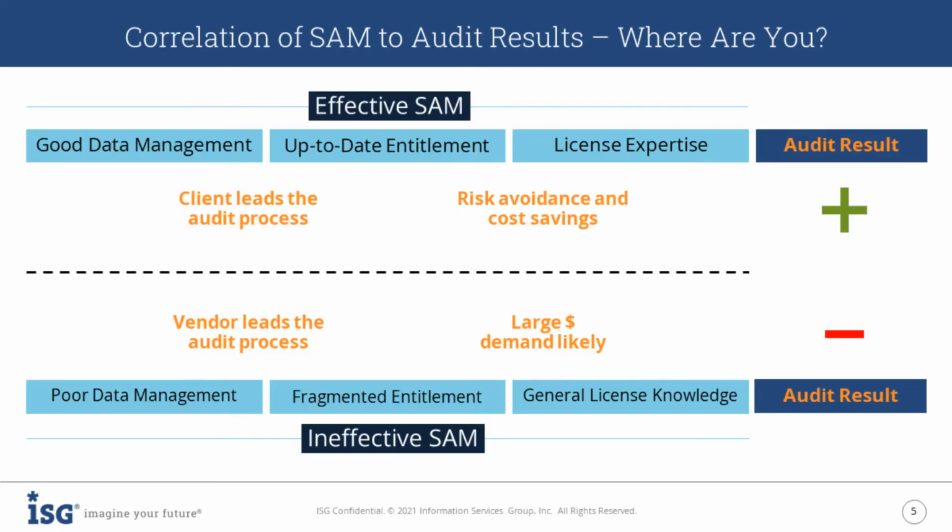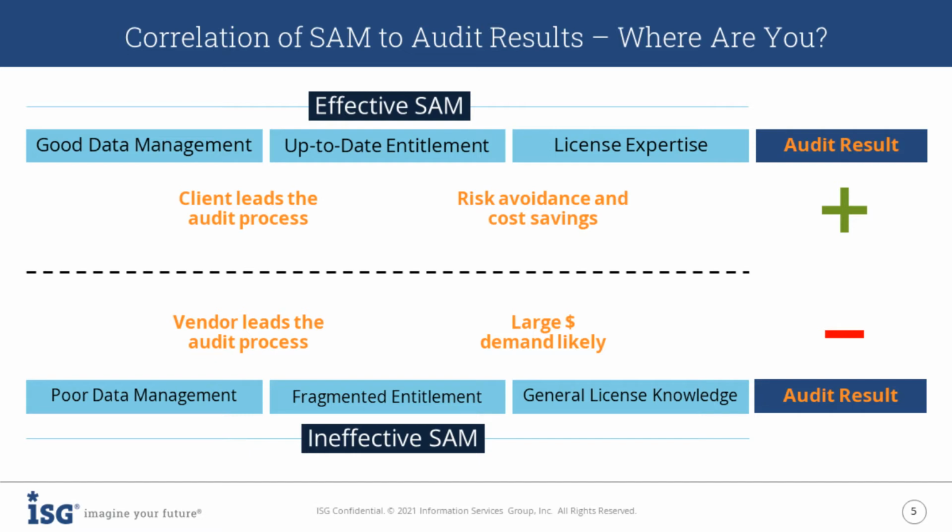So let's talk a little bit about the correlation of software asset management and audit results. As I talk about this, you can look at it and ascertain maybe where you might be in your software asset management program. In the top part of this slide, effective SAM amounts to a couple of things: ensuring that you have up-to-date entitlement, good data management, including not only your entitlement but your deployed assets, as well as some level of license expertise across your environment, so that you can ensure you're leveraging licenses properly.